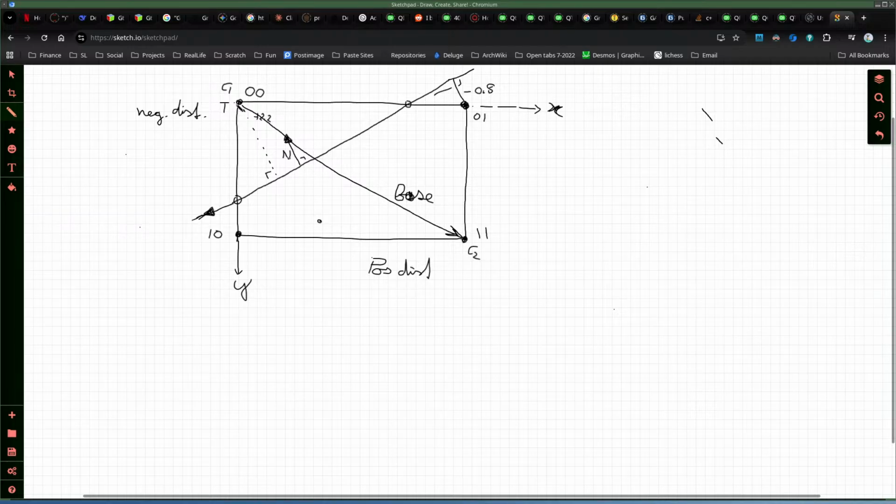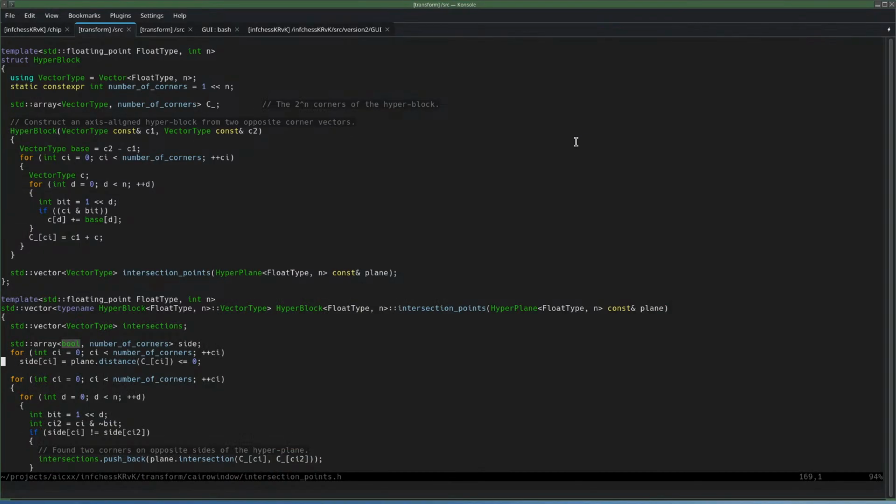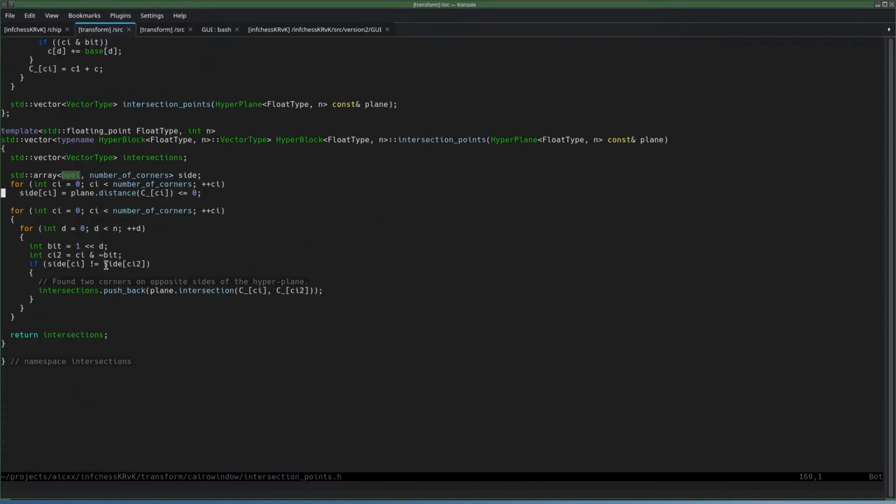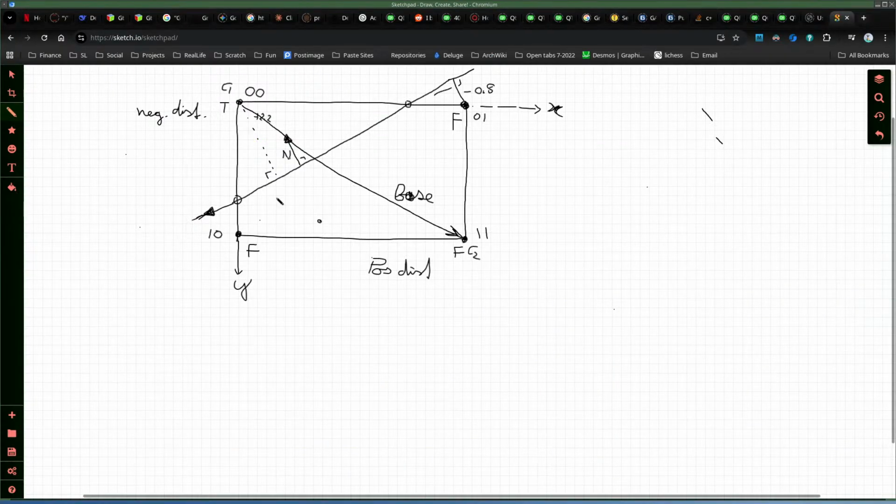This one's marked as true, and all the others are false because they are on the other side. Next, we are running over all corners in the direction 0, 1, 2, 3, thus.